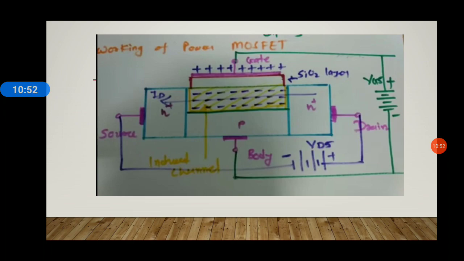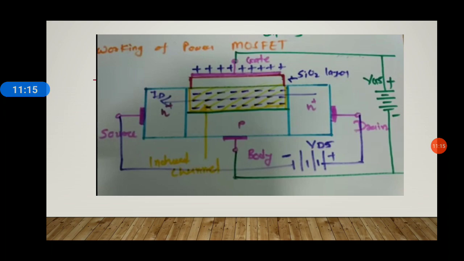Now, here we can see that VGS is controlling the induced channel or the inversion layer, which is controlling the flow of ID. So we call the MOSFET a voltage controlled device.